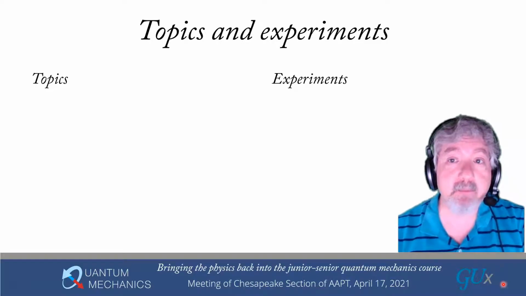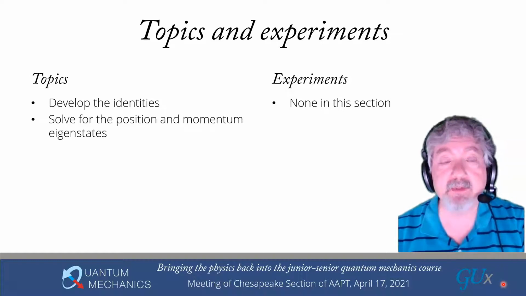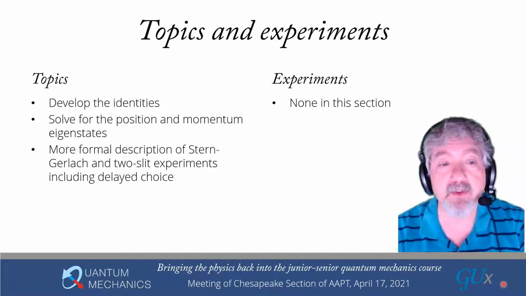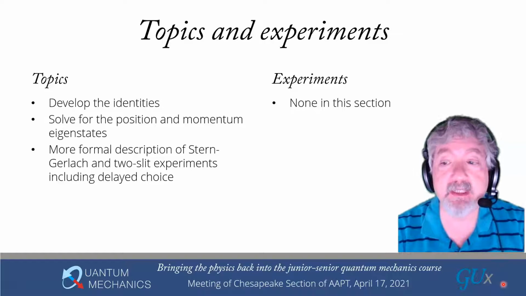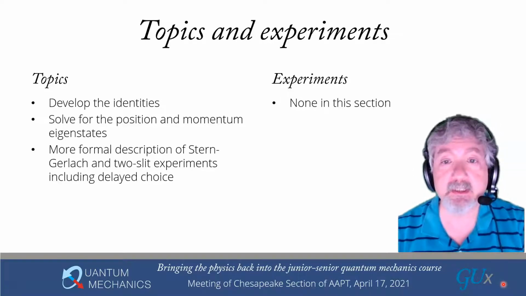In this case, the topics and experiments that we cover in this quarter include that we develop the identities, we solve for the position and momentum eigenstates simply using these identities, and then we give a more formal description of the Stern-Gerlach and the two-slit experiments, including the delayed choice experiment that we were covering using the conceptual ideas in the first quarter of the class.